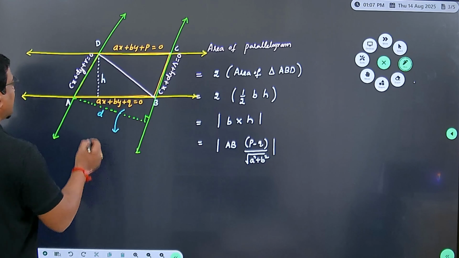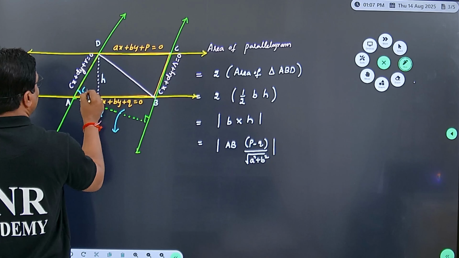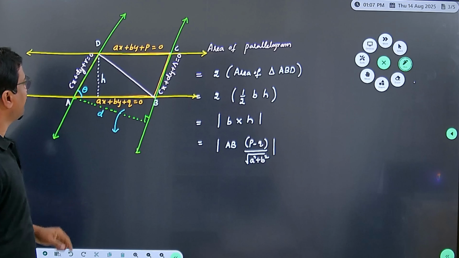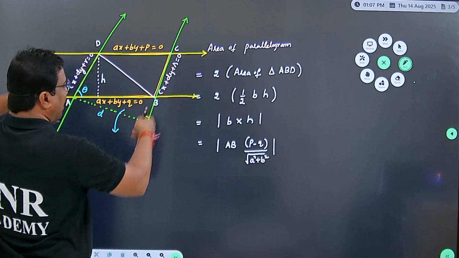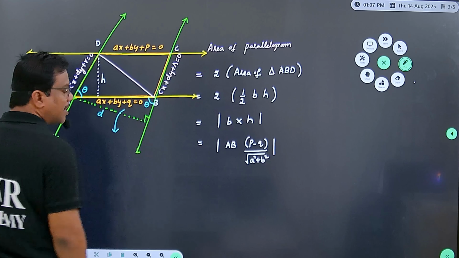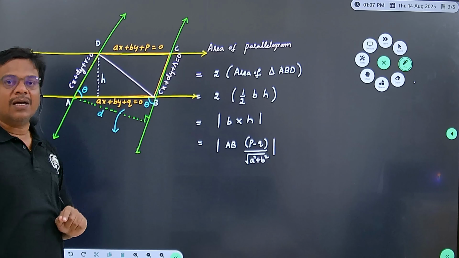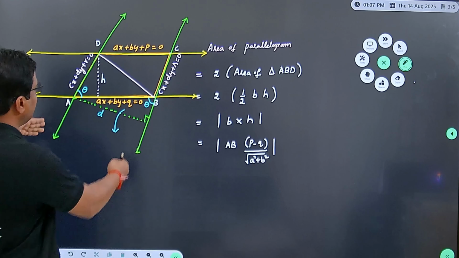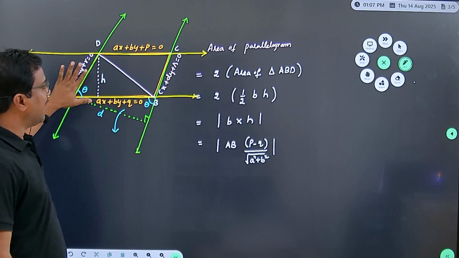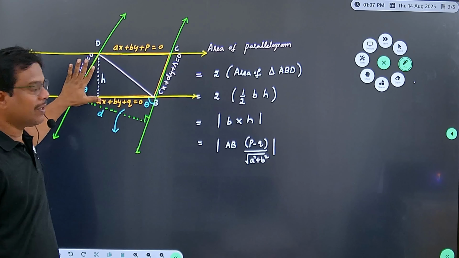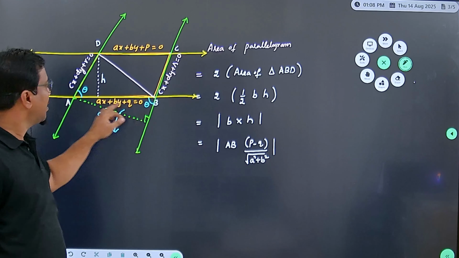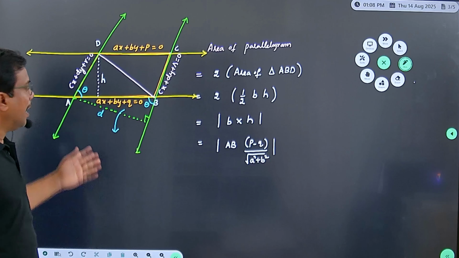Suppose theta is the angle made by two adjacent sides of a parallelogram. Since these two are parallel lines and this is a transversal, the angle here is also theta because these are alternate angles.